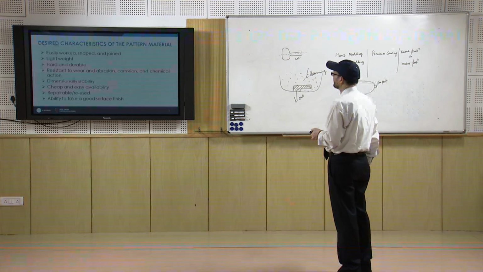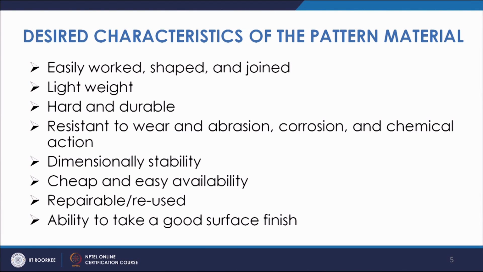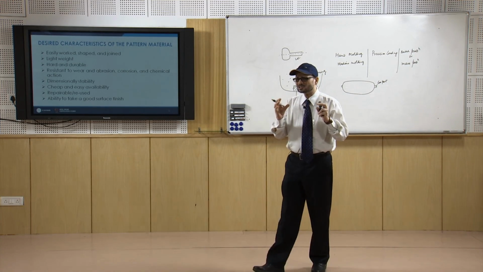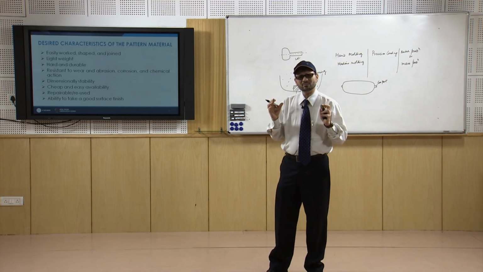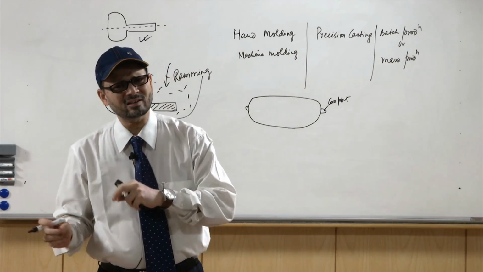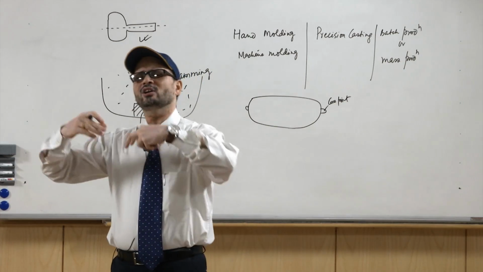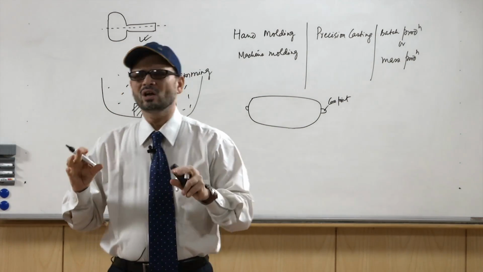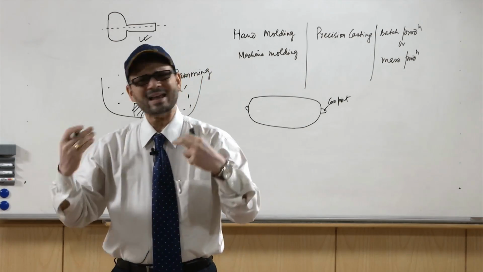Resistance to wear and abrasion, corrosion and chemical action. Now, the pattern is used against the molding materials, and the molding materials are normally sand using organic binders or inorganic binders, and they are also left in the atmosphere. So, they are subjected to a large amount of environmental reactions.